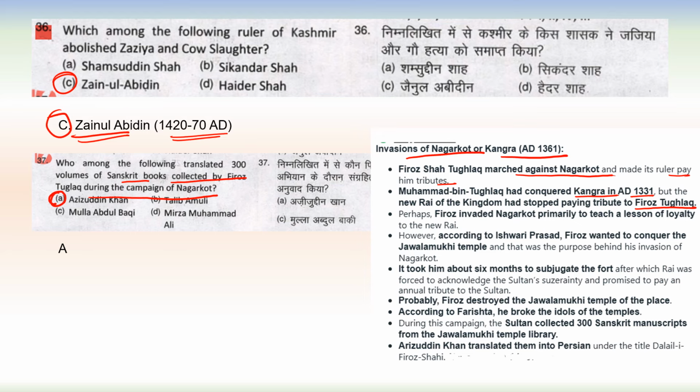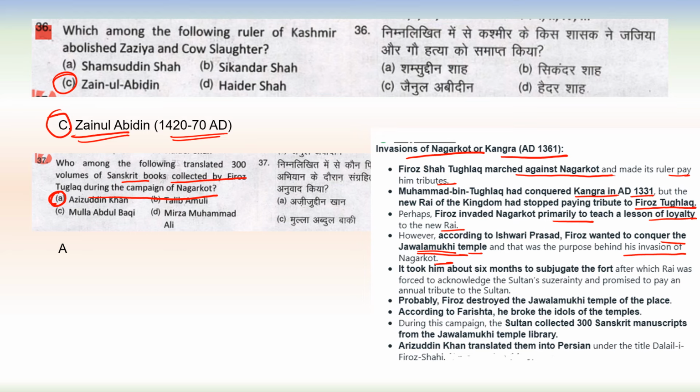Perhaps Firoz invaded Nagarkot primarily to teach a lesson to the new Rai. However, according to Ishwari Prasad, Firoz wanted to conquer the Jwalamukhi temple, and that was the purpose behind the invasion of Nagarkot. So he wanted to conquer the Jwalamukhi temple because of its wealth.